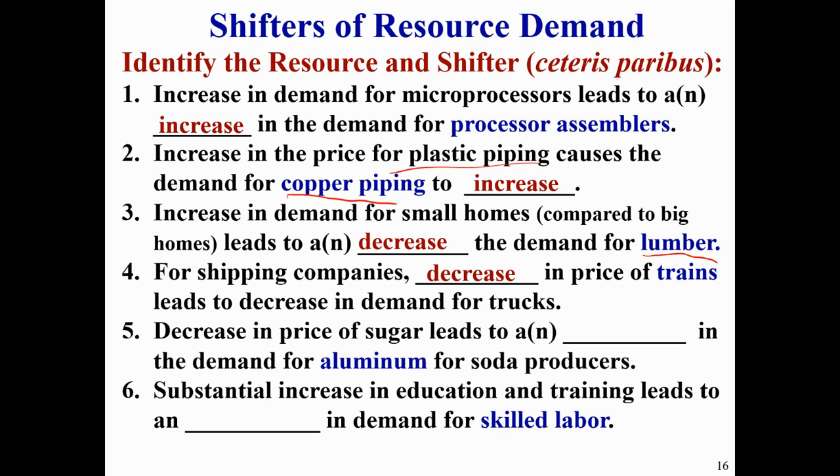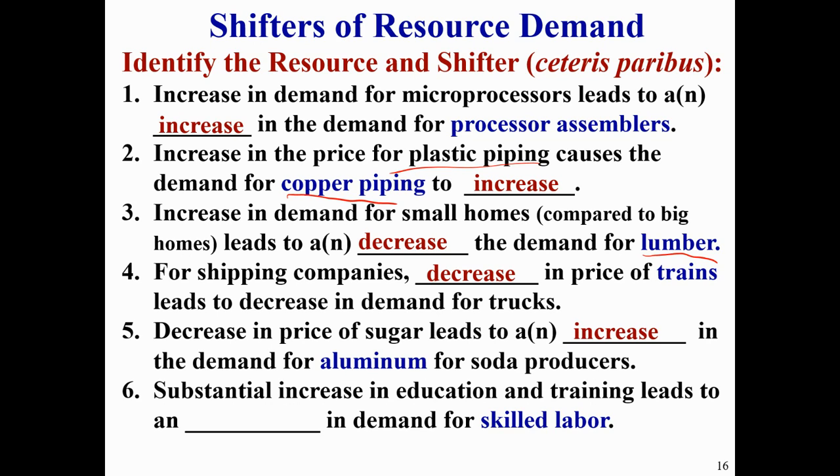Decreasing price of sugar leads to a change in the demand for aluminum for soda producers. Now what is this? That is really intense, guys. Sugar and soda. Sugar is a resource for soda. Aluminum is also a resource for soda, so they are complementary goods.